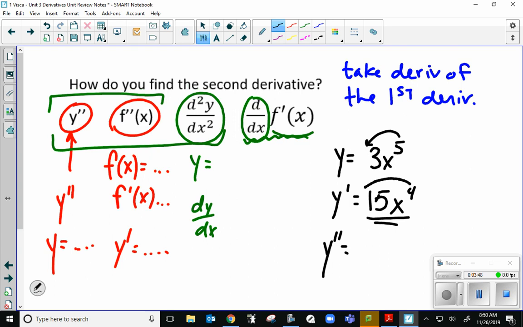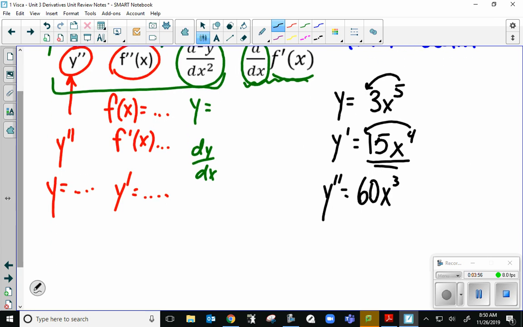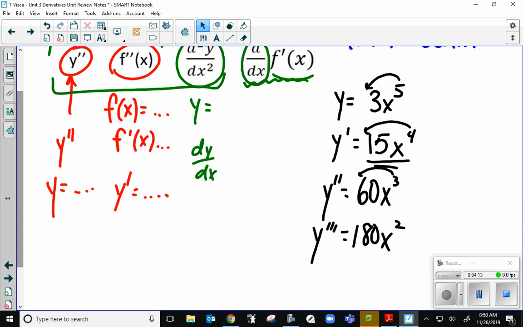I bring the 4 down, multiply, that's 60x, then I subtract 1, cubed. Technically, if I wanted to, I could find the third derivative. Put 3 tick marks. The 3 comes down, I multiply, it's 180x, and I subtract 1, squared. And I can keep on going until eventually, in this case, I would end up with 0. But you just keep on taking the derivative of the derivative.